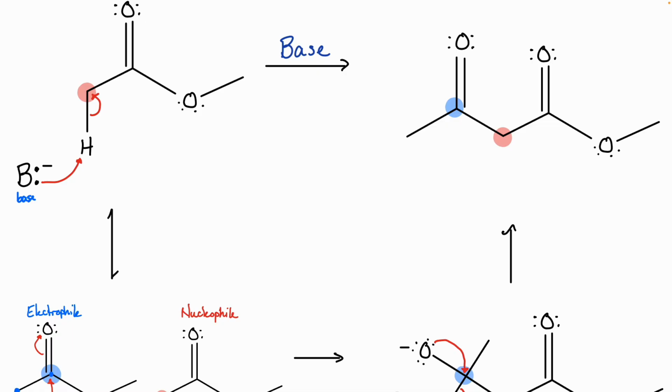So in our Claisen condensation products, it's not an aldol anymore. Now we have these two carbonyl groups. We can note, though, that they are always going to have that same 1, 2, 3 carbon spacing that we saw before, because we still have our alpha carbon reacting with an electrophilic carbonyl carbon.